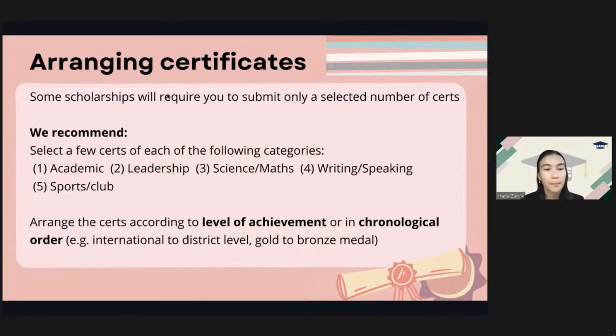All right. So it's best as well if you manage to arrange your certificates according to a certain order, just so that it's easier for the scholarship providers to review your application, basically. And this can be done either by level of achievement or from gold to bronze.